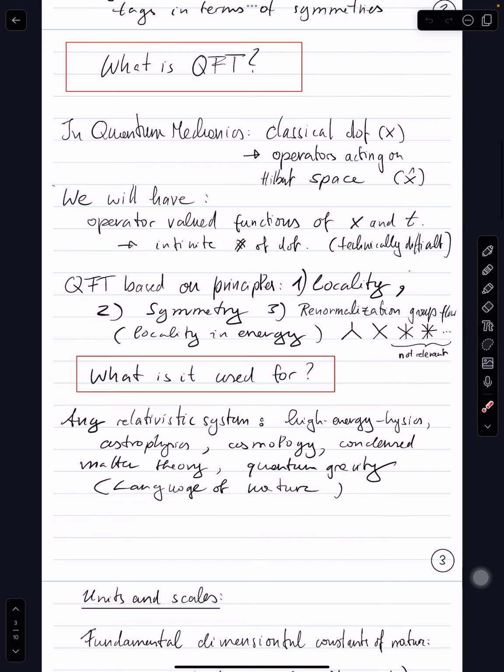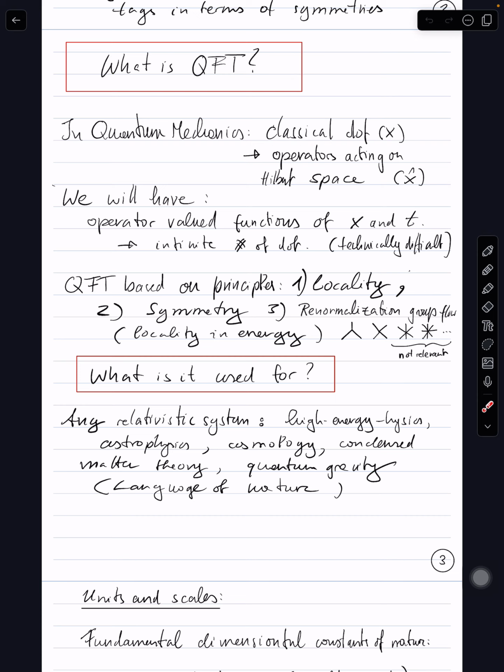Good. Now this already brings me to the next point. What is actually quantum field theory? As you probably remember, in quantum mechanics, the classical degrees of freedom, such as positions, that we know from the Newtonian mechanics course, become operators. They get a little hat. You can always think of an operator as some sort of generalized matrix with finitely many or infinitely many entries.